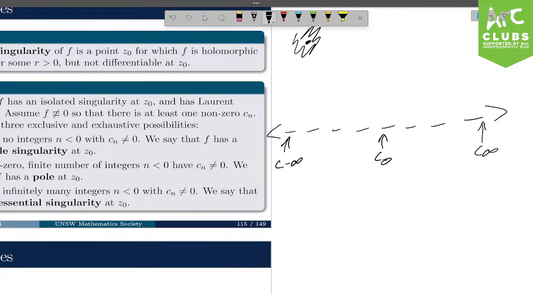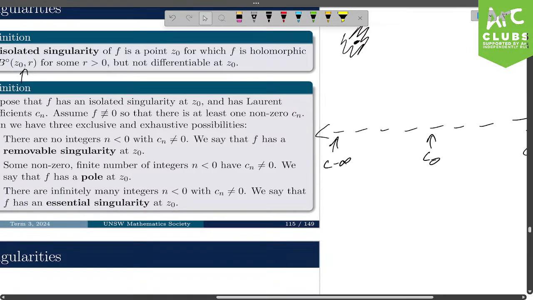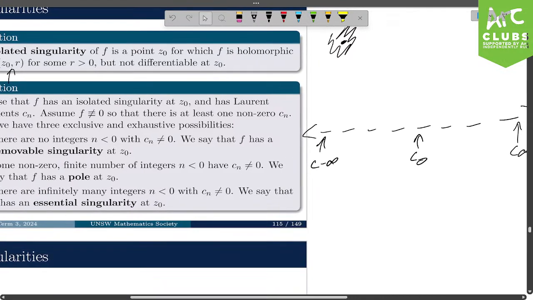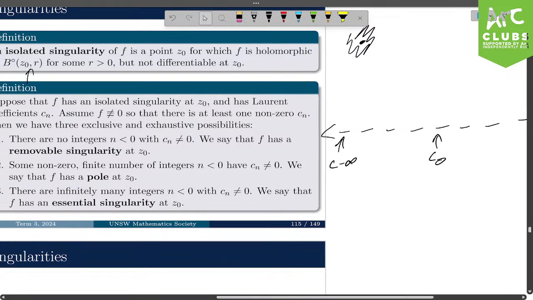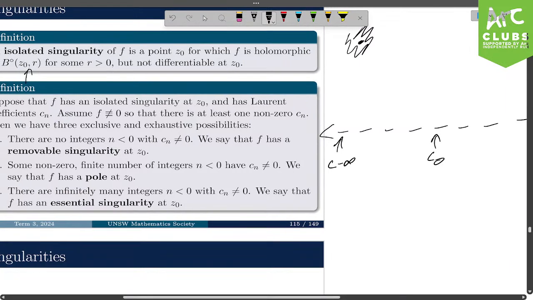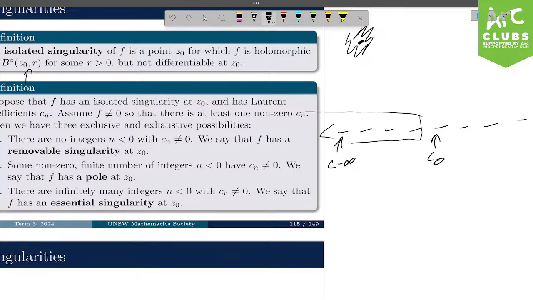And points in between. Fantastic. If there are no integers n less than 0 with Cn not equaling 0, let's get rid of the double negative and just say that, okay, if all of these are 0, then it is removable.